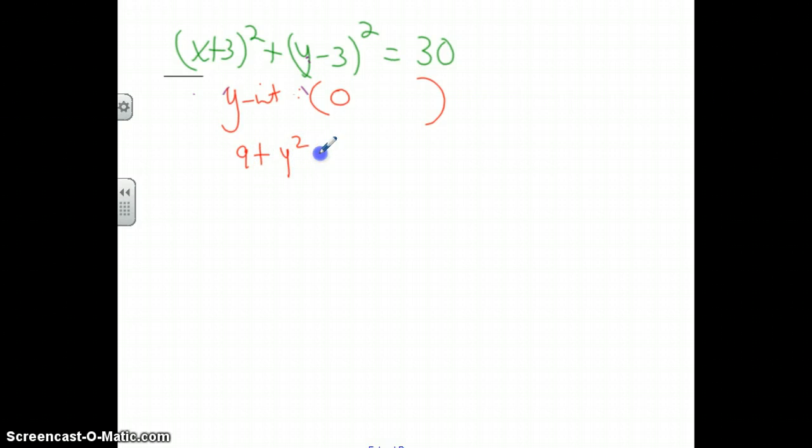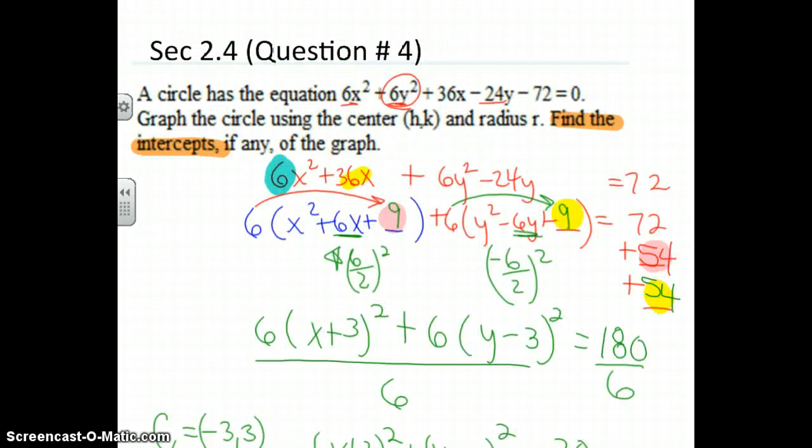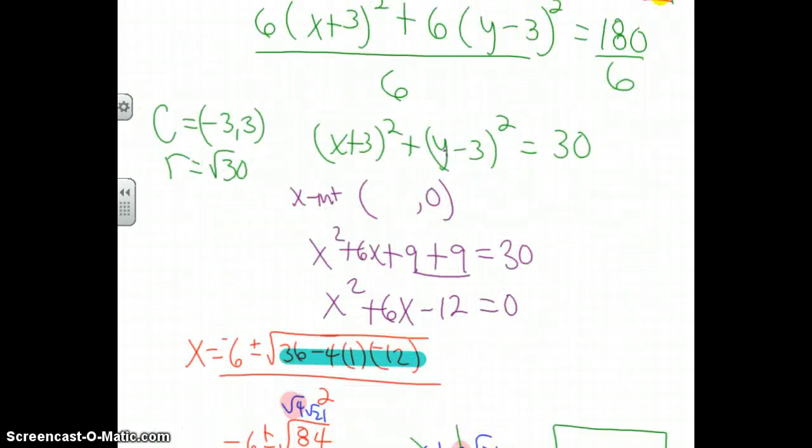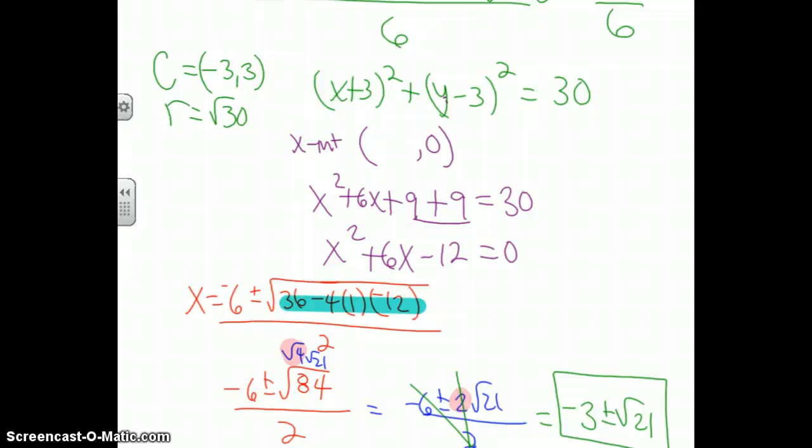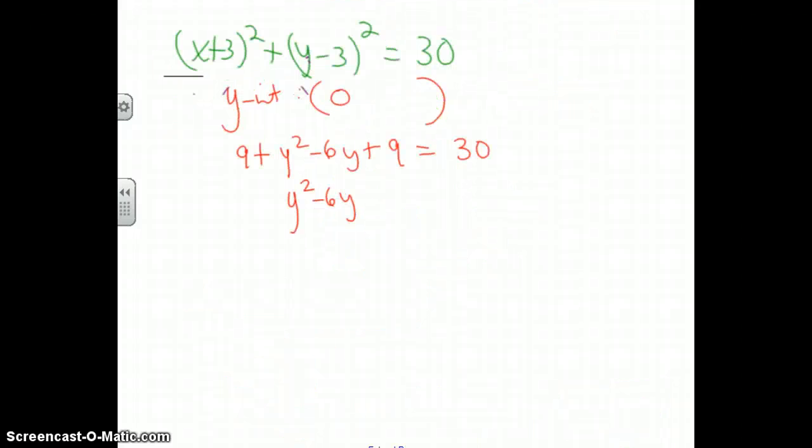Square the first, twice the product, square the last. This looks like it's going to be exactly the same as before, but instead of a positive 6x, I think I'm going to end up with a negative 6, but everything else looks the same.